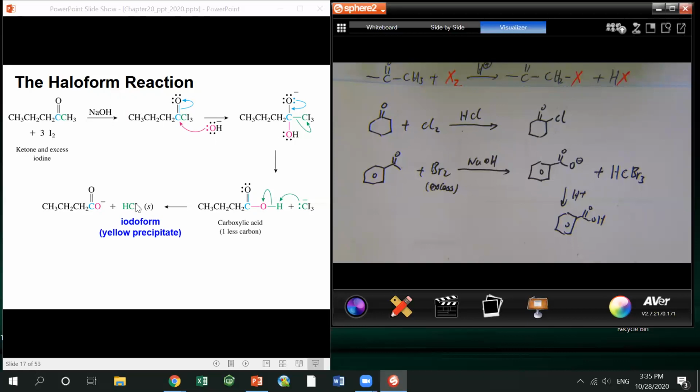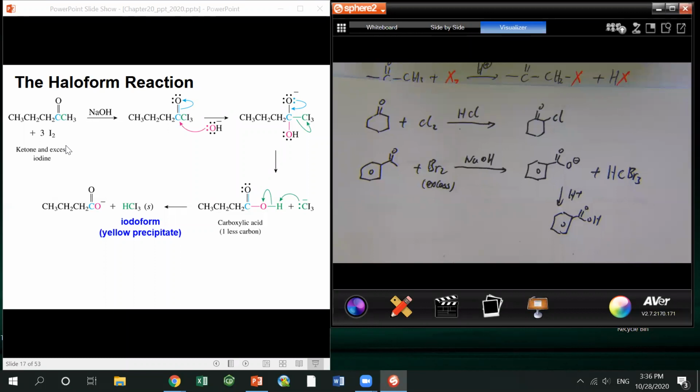So that's a pretty good indication that you have a methyl ketone. That was the old way to test for methyl ketone, so we call it the iodoform test.